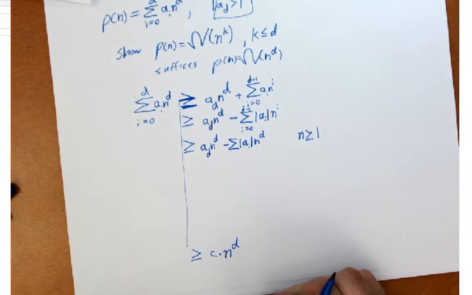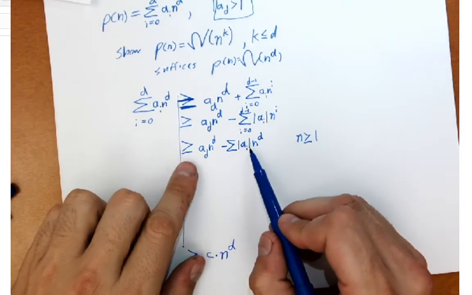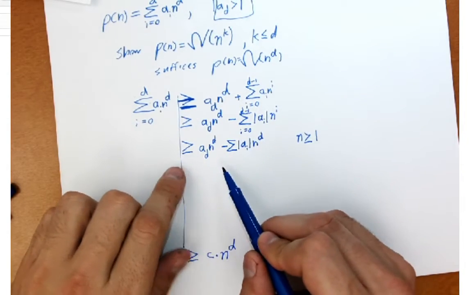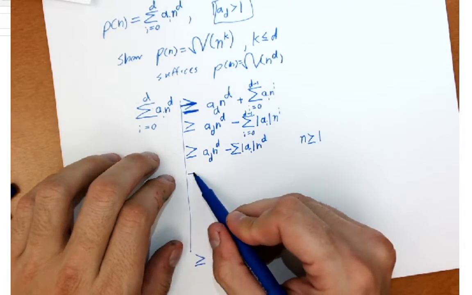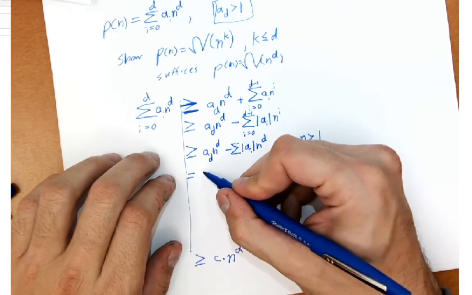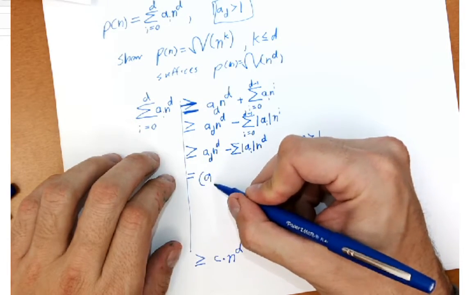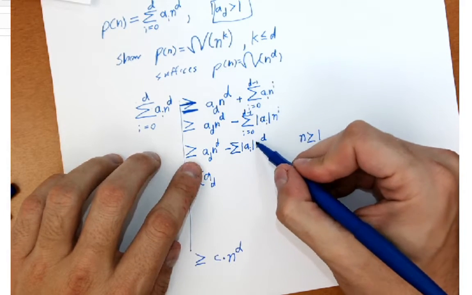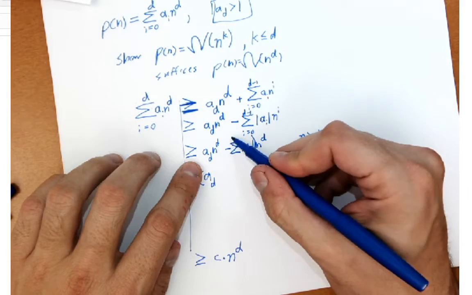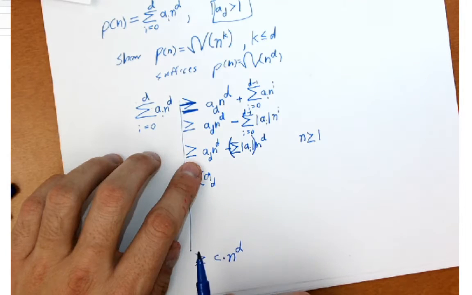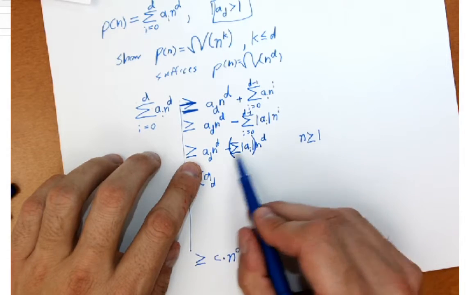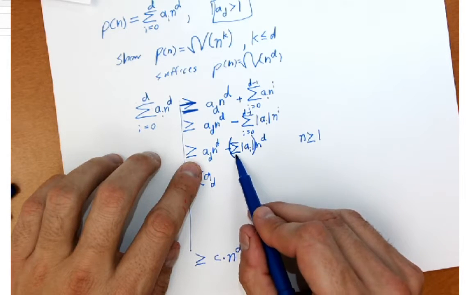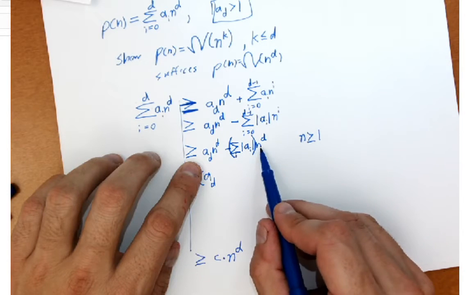And so we can factor these things out, right? So this whole thing equals a sub d, and then remember this n to the d, it can be factored out of that, right? That n to the d, because it doesn't depend on what you're iterating over, i, right? So the n doesn't depend on i.